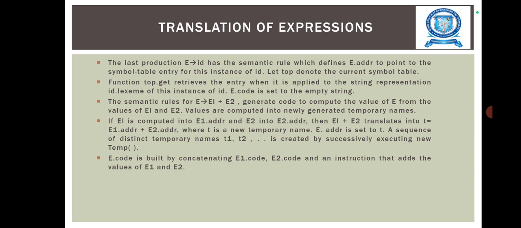Here the values are computed into newly generated temporary names. If E1 is computed into E1.addr and E2 into E2.addr, then E1 + E2 translates into t = E1.addr + E2.addr. E.code is built by concatenating E1.code, E2.code and an instruction that adds the values of E1 and E2.